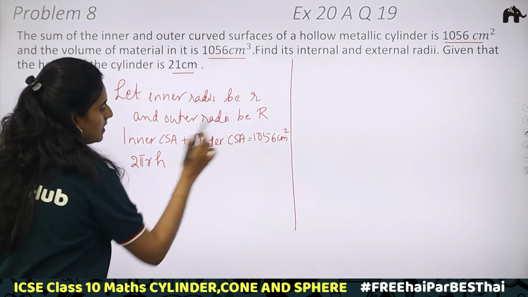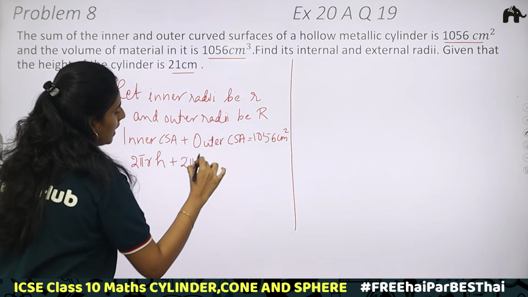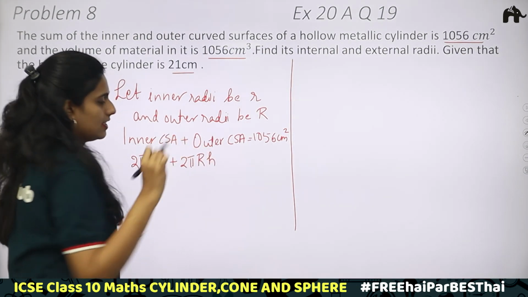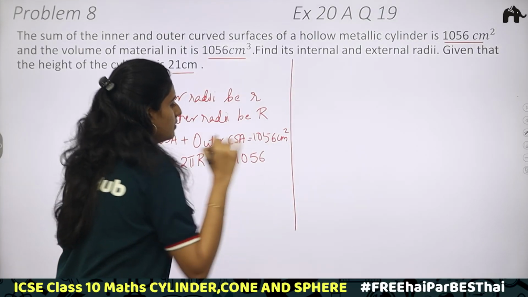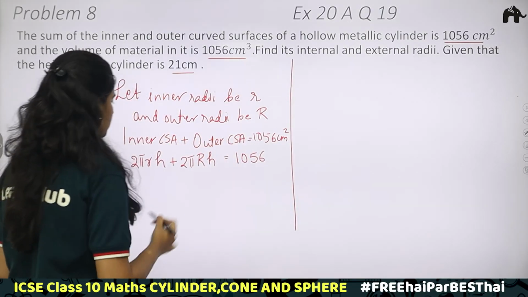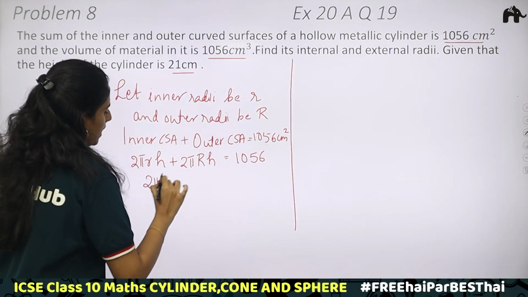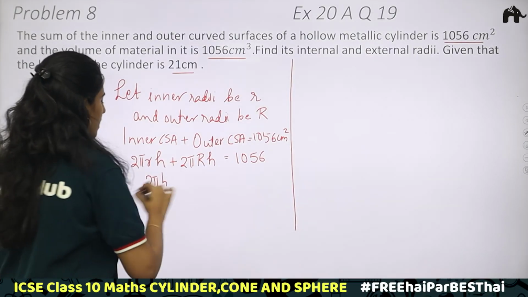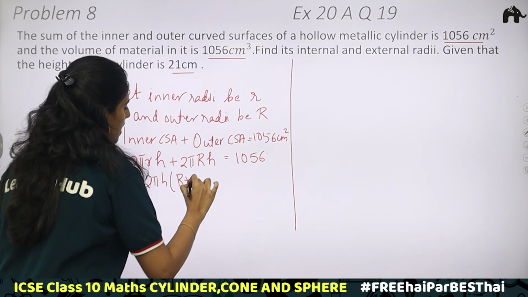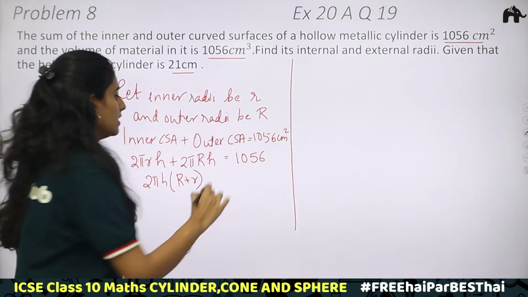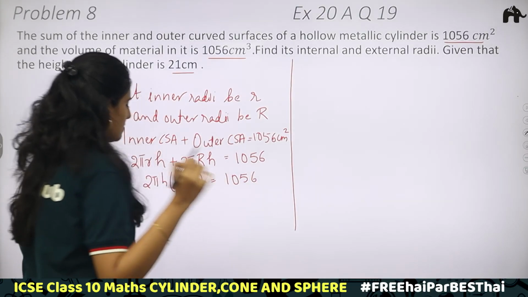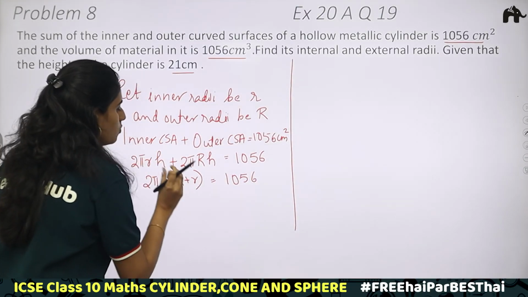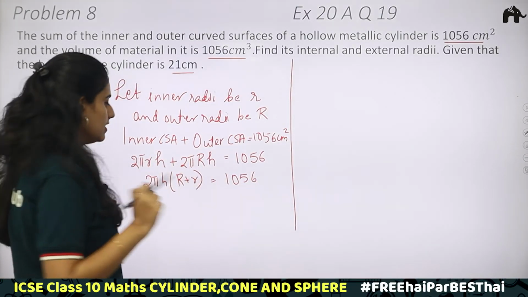Outer curved surface area will be 2 pi capital R into h. And that is equal to 1056 centimeter square. 2 pi h is common. Taking out, we will be having capital R plus small r, that is equal to 1056. Okay. From which we can find what capital R plus small r is.